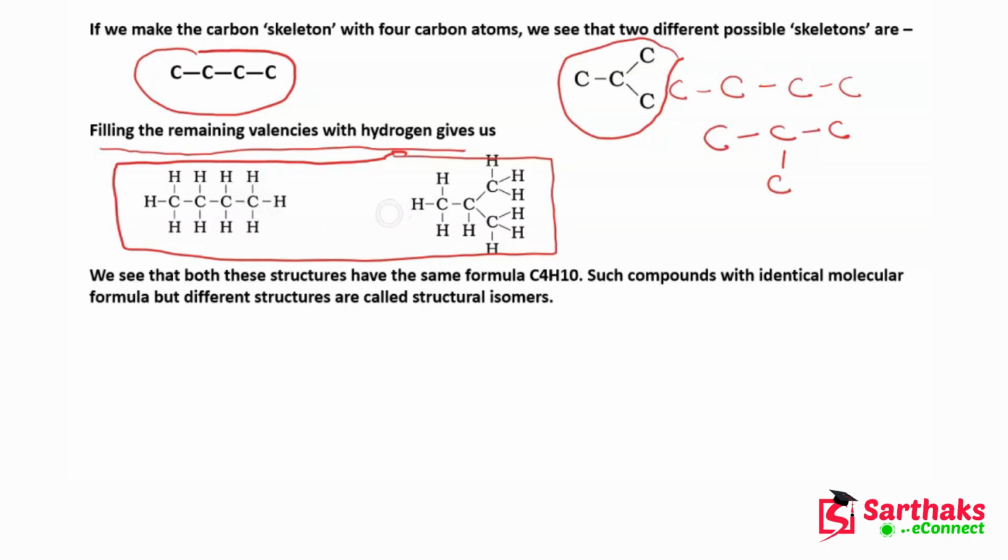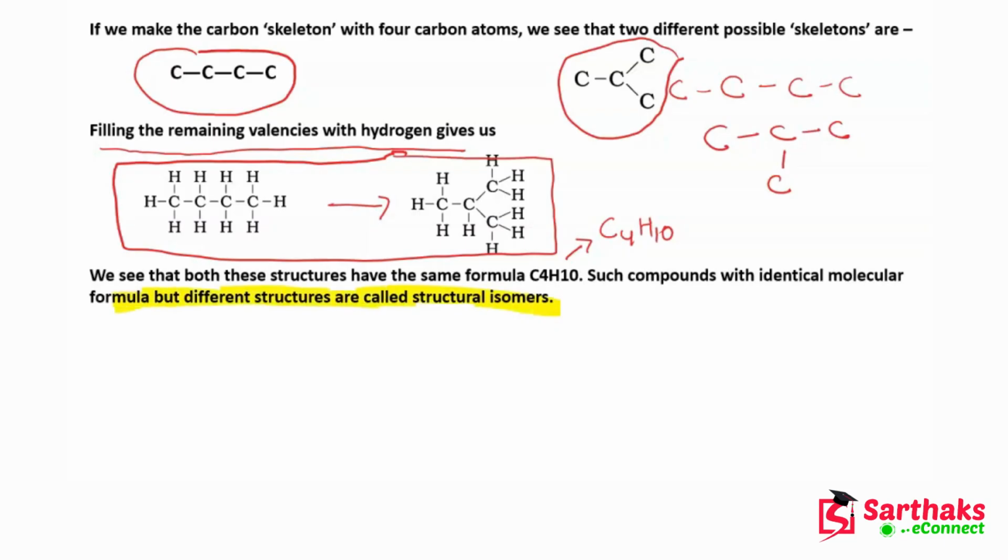If I do the same thing with this carbon branch, all the valencies of carbon are satisfied. So we see that both these structures have the same formula, C4H10. Such compounds with identical molecular formula but different structure are called structural isomers.